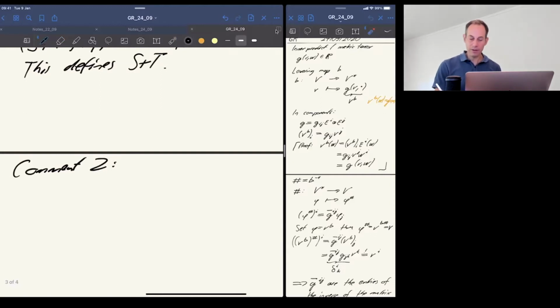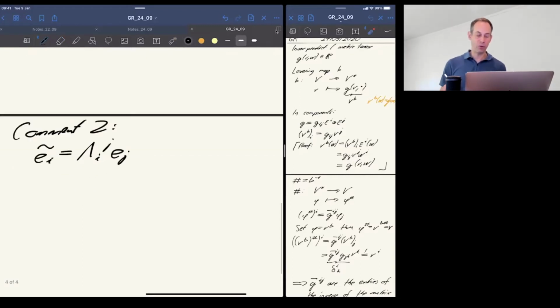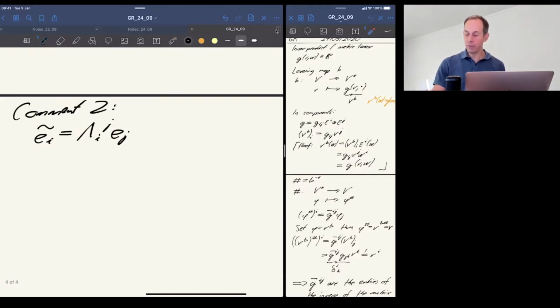We have defined basis transformations via coefficients lambda ij like this. So we just said a new basis vector can be expressed in terms of the old basis vector. And then someone asked, what if I interpret these coefficients as the element of a tensor?